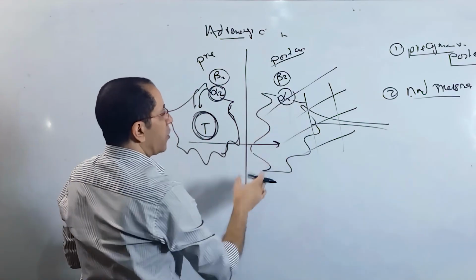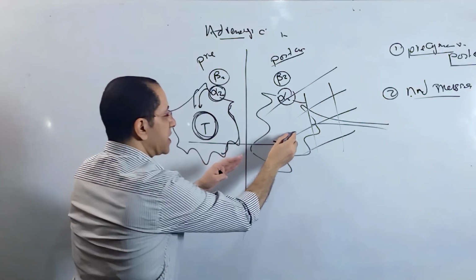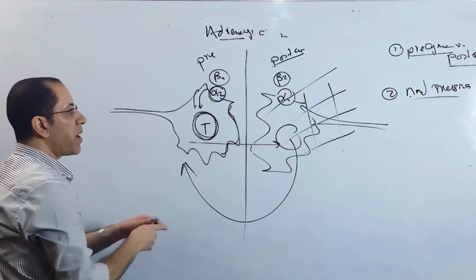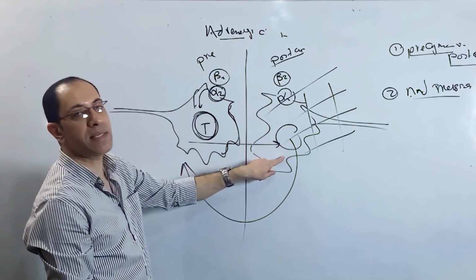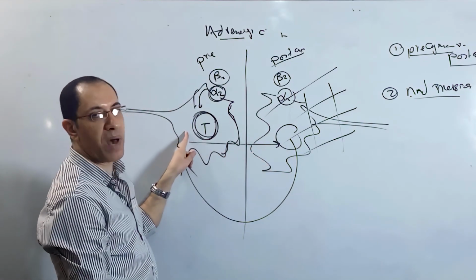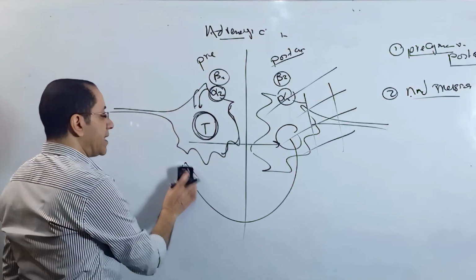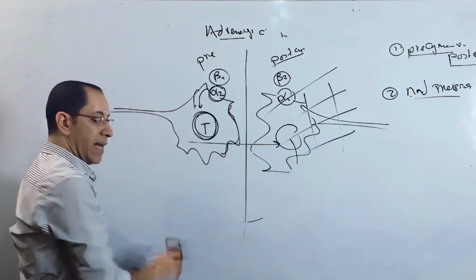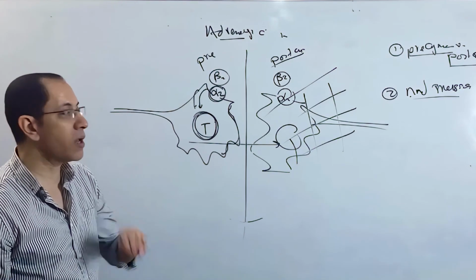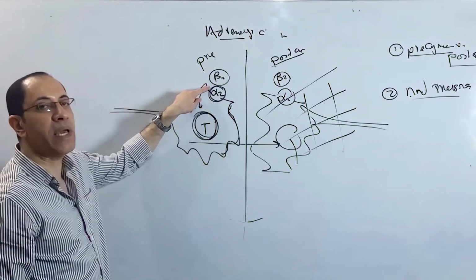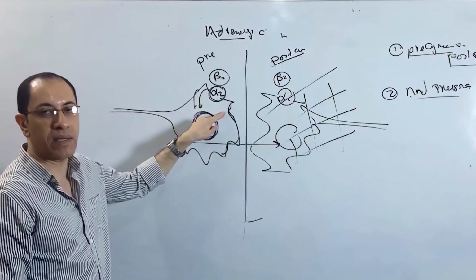On the other hand, if we say that the transmitter is released from here to here in this direction, this receptor is called presynaptic and this one is postsynaptic. To avoid any confusion, if you hear the term presynaptic receptor from now till we finish all of the lectures, it means these are the receptors located at the presynaptic membrane.